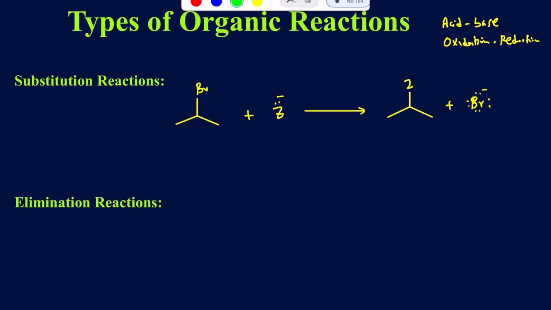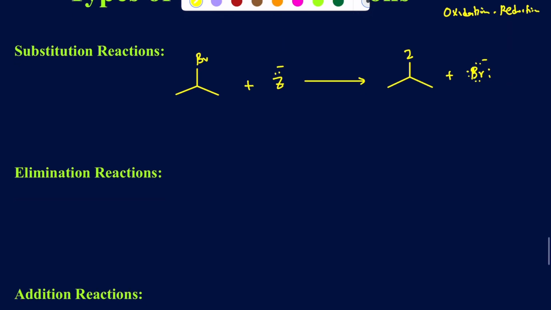But the bottom line here is why we call it a substitution reaction: I have something attached to this molecule, and I replaced it with something else. So we're substituting with something else. Let's say I have this reaction here, and I'm making this right there.